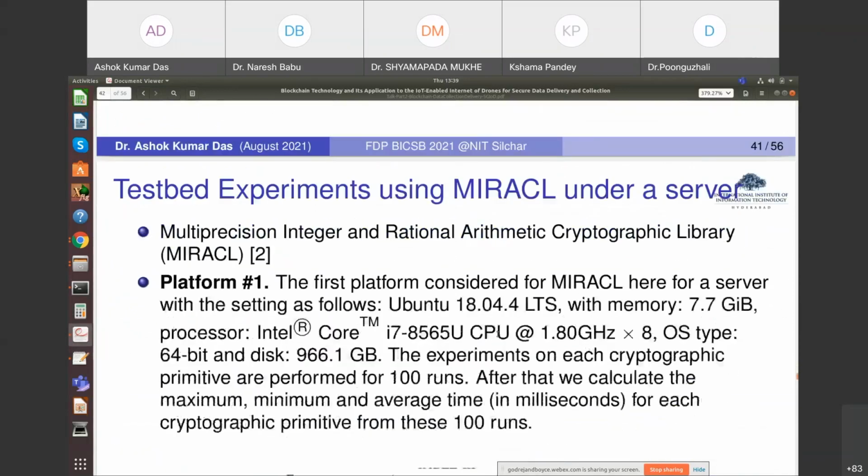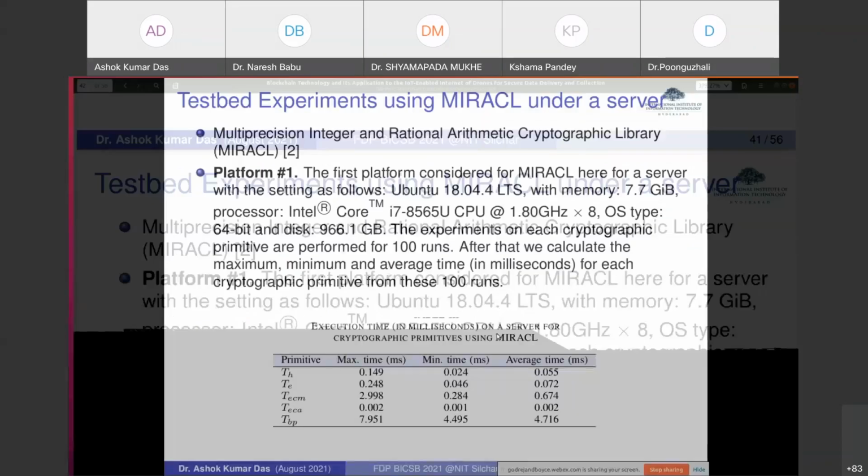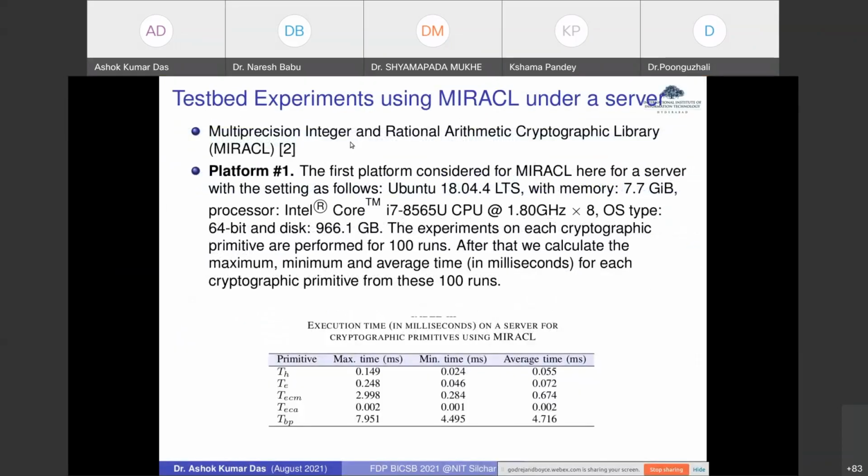We have also done the test bed experiment using the MIRACL library. MIRACL is a multi-precision integer and rational arithmetic cryptographic library.